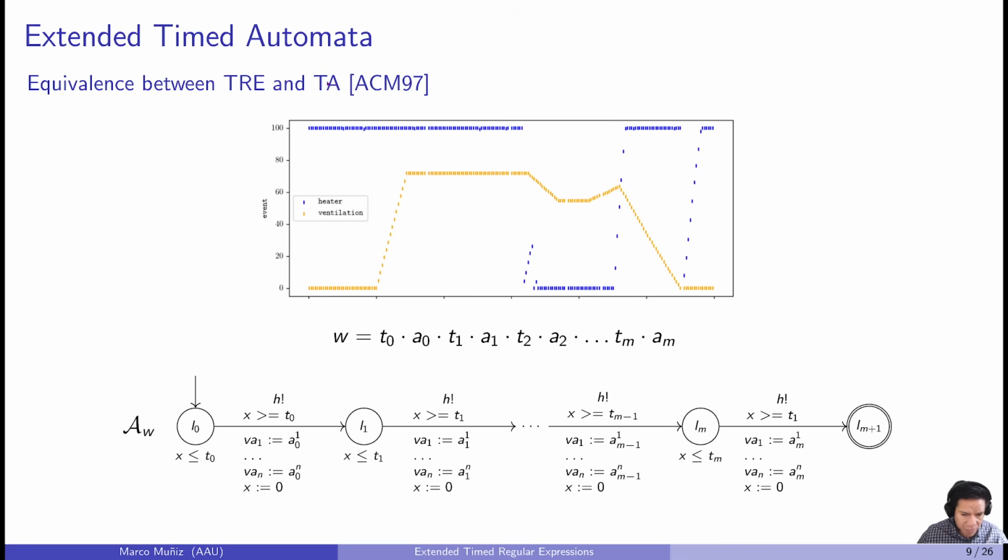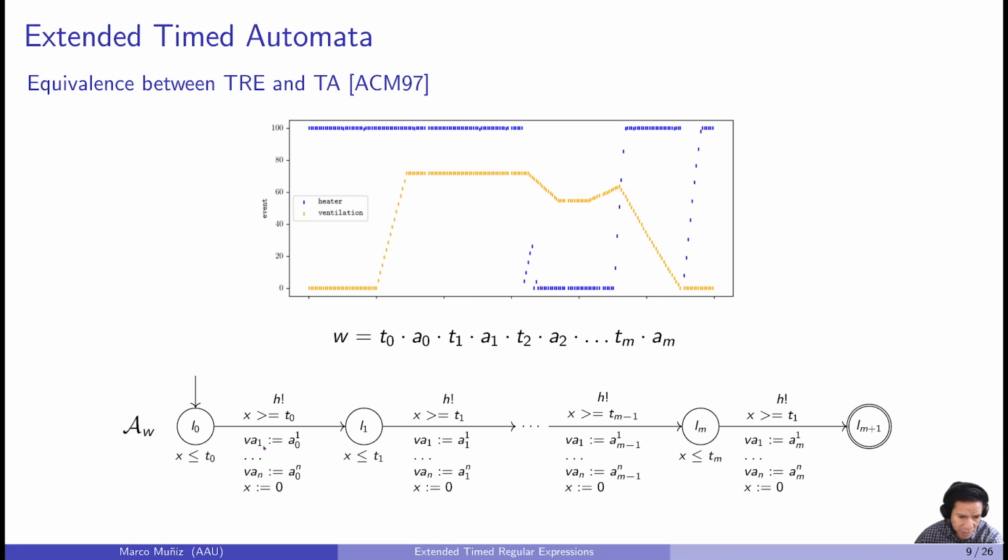And therefore, in the same way as pattern matching uses finite automata for doing matching in text, we can use timed automata to do pattern matching in the timed words. Let's observe how we can encode this time series data and the corresponding timed word in a timed automaton.